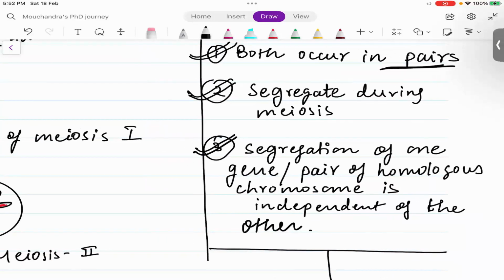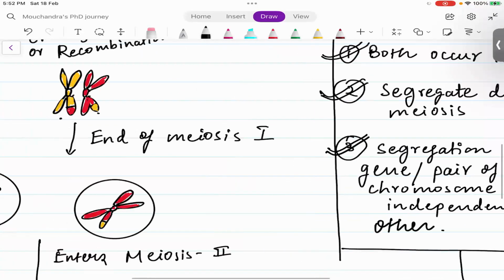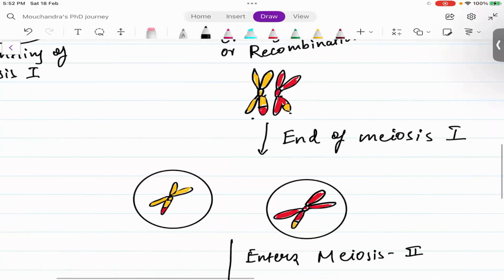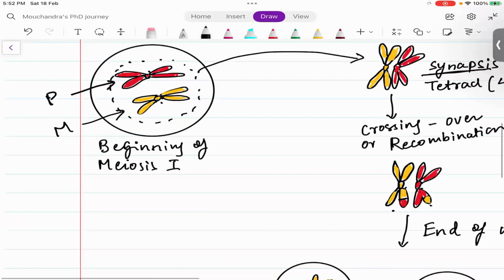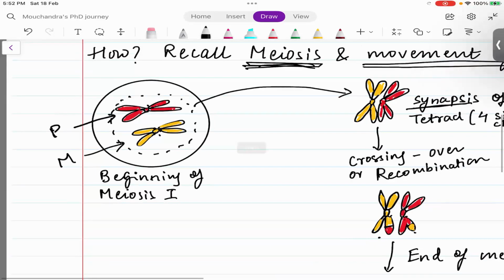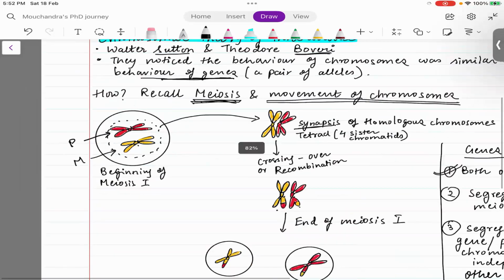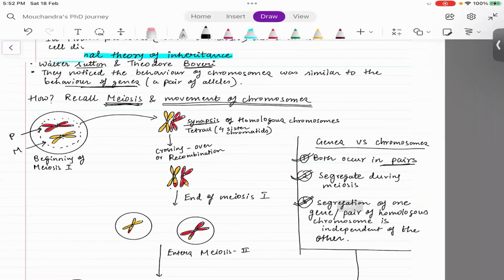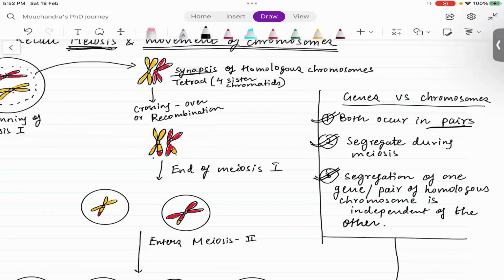The same is true for another pair of homologous chromosomes: how they segregate and form synapses is an independent event. So these three properties are similar for both genes and chromosomes.